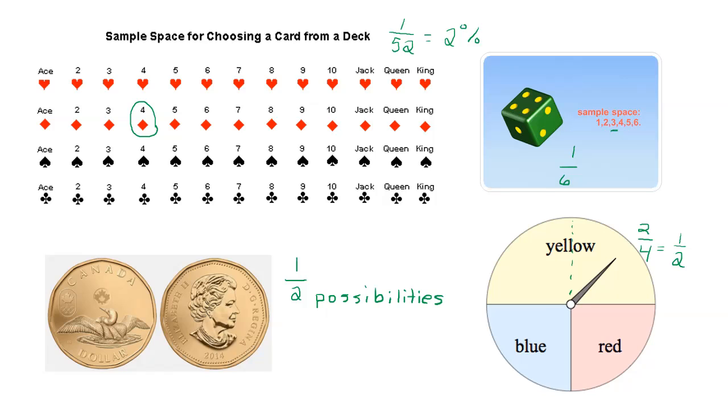So the odds of spinning red, well, there's only 1/4 of the spinner, so it's 1 out of 4. The odds of spinning blue, also 1 out of 4. The odds of spinning yellow is quite a bit better. It's 2 out of 4, or 1/2. Let's move on to the next slide.